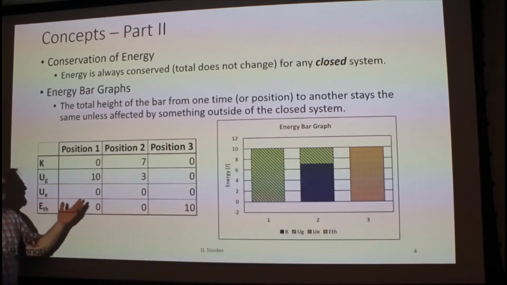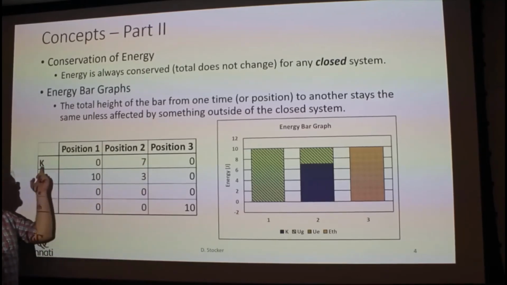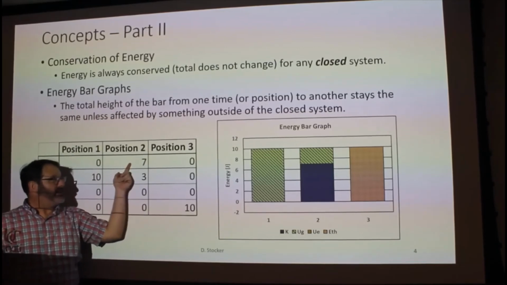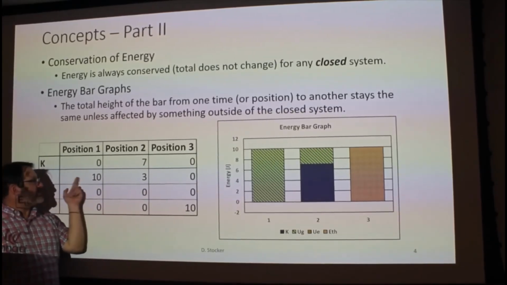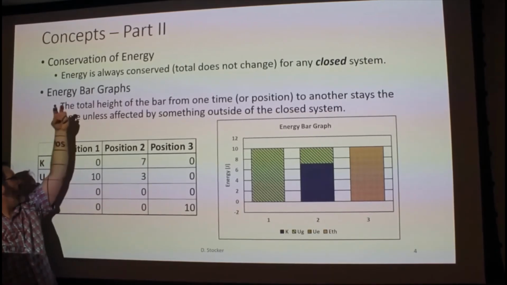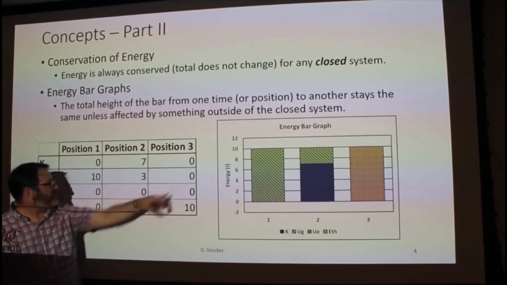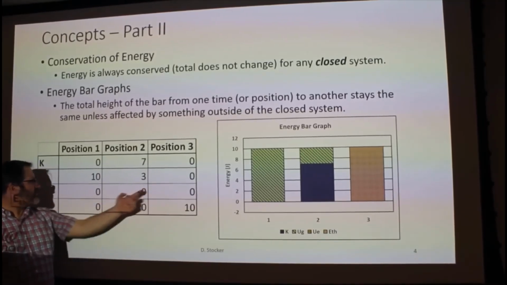So if I have some object at an initial position, a second position, and a third position, and its kinetic energy is changing, so it's not moving, then it's moving, and then it's stopped again. If my gravitational potential energy, say I start high, and then now it's lower, and then at the end it's down at 0. Elastic potential energy, no spring, so those are all zeros.